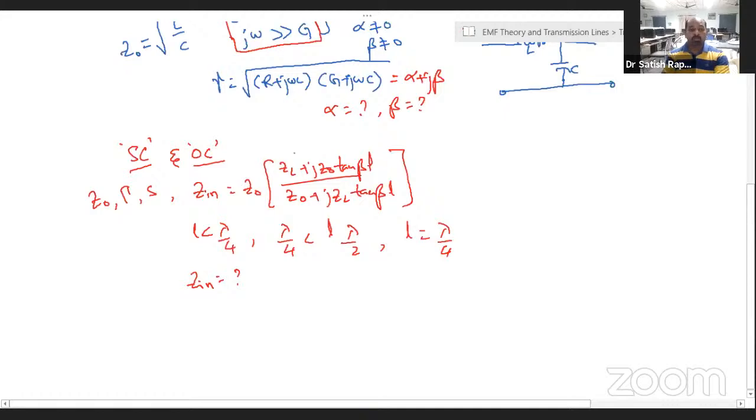So coming to here, this is a short circuited transmission line.